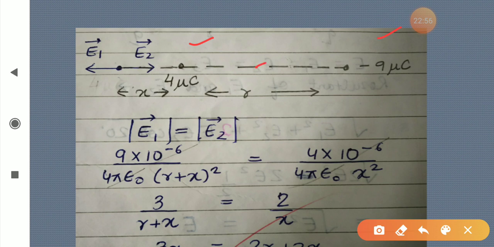If I choose any point here, then electric field due to 4 microcoulomb will be away from it, and electric field due to minus 9 microcoulomb will be towards it, and they will be added up. So from here to here, anywhere you cannot get zero electric field, so we have to come out of this line. Now if we come outside, there are two possibilities: either we go to the left or we go to the right.